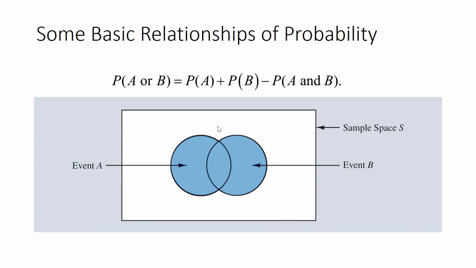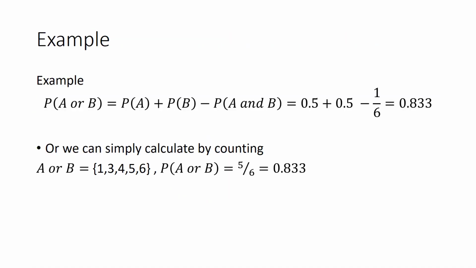So let's do an example again. Event A is to roll an odd number, 1, 3, and 5. Event B is to roll a number over 3, so 4, 5, and 6.